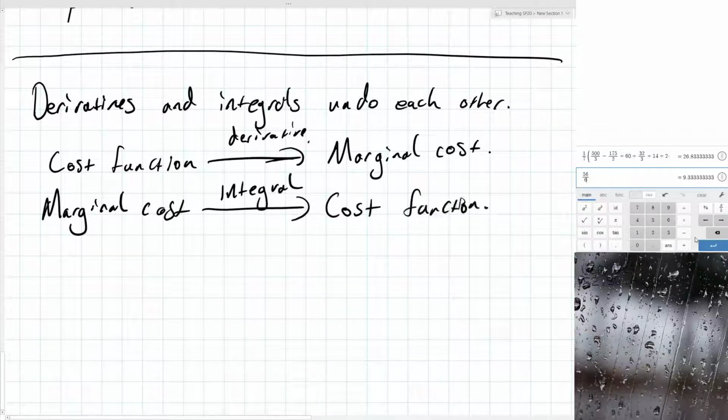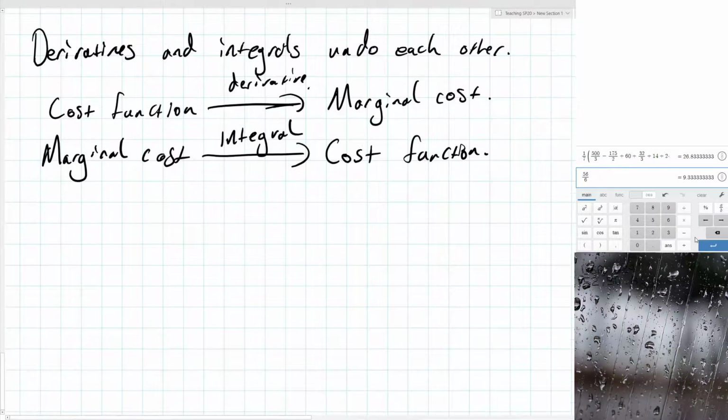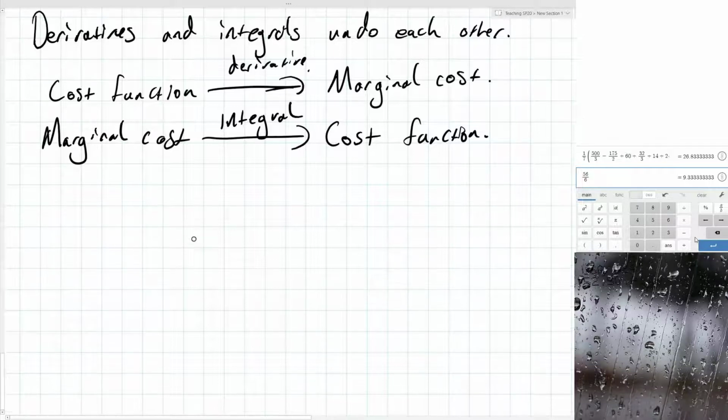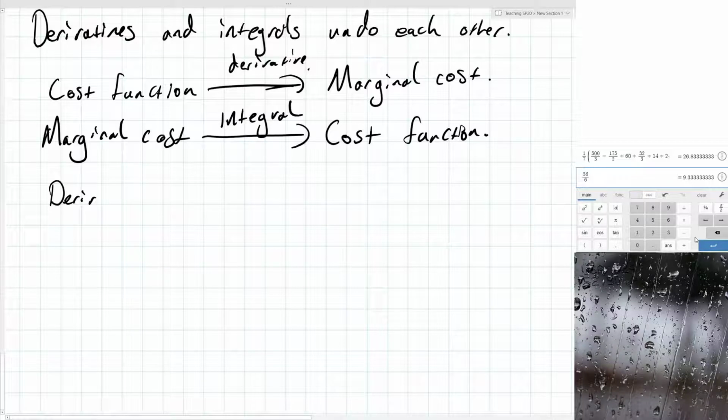We lose something in the process, though. When we take the derivative of our cost function to get a marginal cost function, it only tells us what our variable cost is, right? It tells us how much each item costs per unit, right? We lose any overhead constant costs. So derivatives annihilate constants.